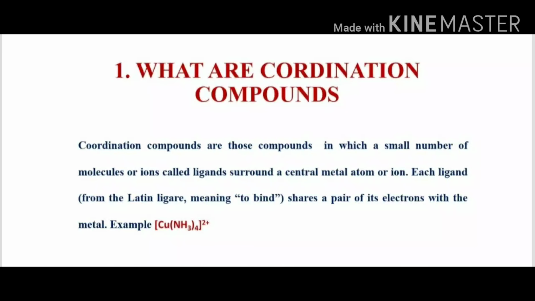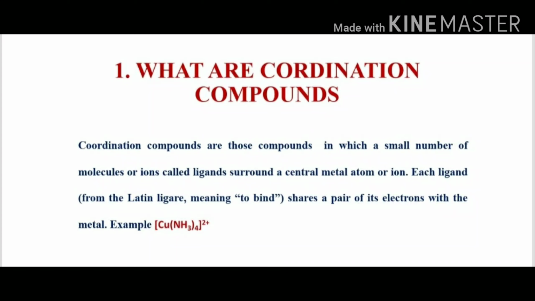The electrons are donated by ligands. Ligands are mostly electron rich species, so they are ready to donate electrons to the central metal atom. The central metal atoms are mostly transition metals, because transition metals are smaller in size and have multiple valency.